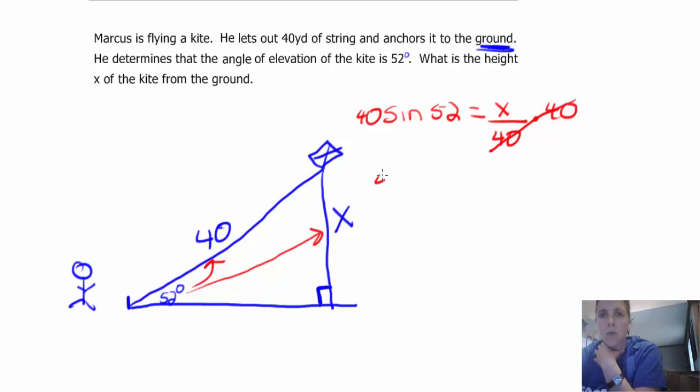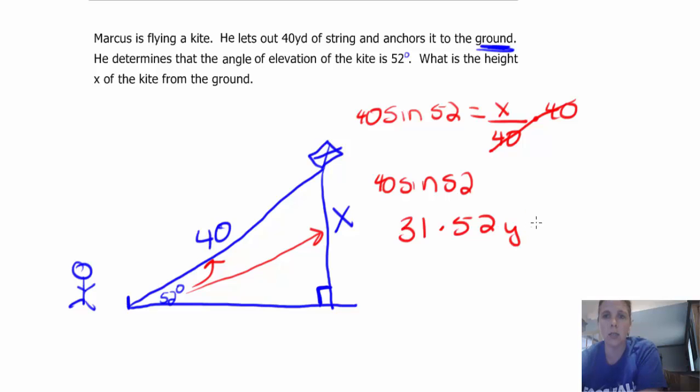So it becomes 40 sine 52. Make sure I'm in degrees. Yes. So it's going to be 31.52, depending on what it asks you to round to, and we're dealing with yards. 31.52 yards, which makes sense because 40 should be biggest because it's the hypotenuse. Sorry, I'm having an allergy attack here.